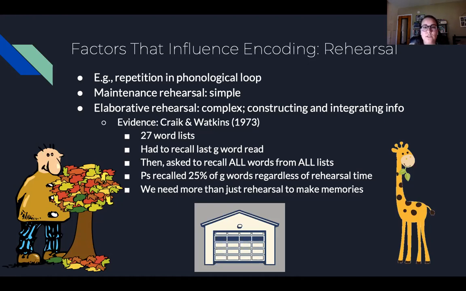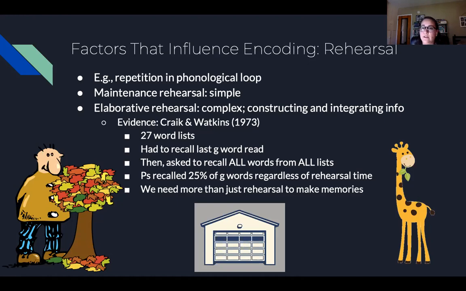So one such study that really supported this idea came from researchers by the name of Craik and Watkins. In this study, they had participants listen to word lists, and these word lists had words of different lengths. So they weren't really controlling for the length of the word.